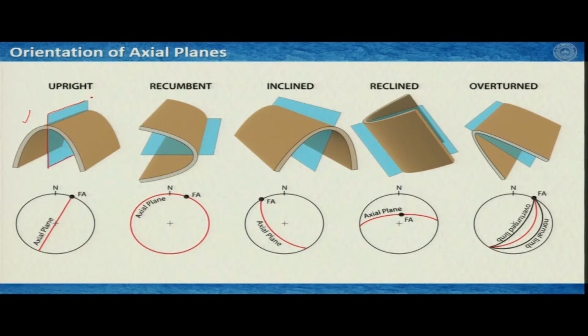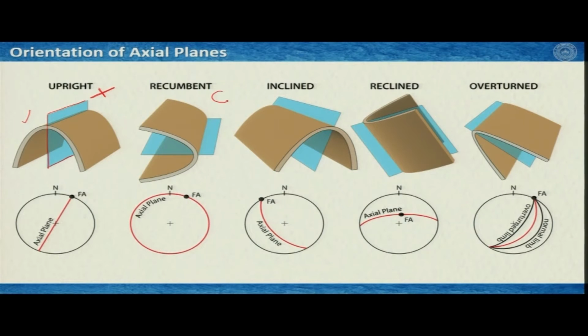So if you have to map it, you can plot it like this, where this long line is the strike of this axial plane, and this defines that this is vertical. We learnt it in our dip and strike lecture. In the recumbent fold, you see this is the folded strata, and here this is your axial plane, which is horizontal, and we call it recumbent.